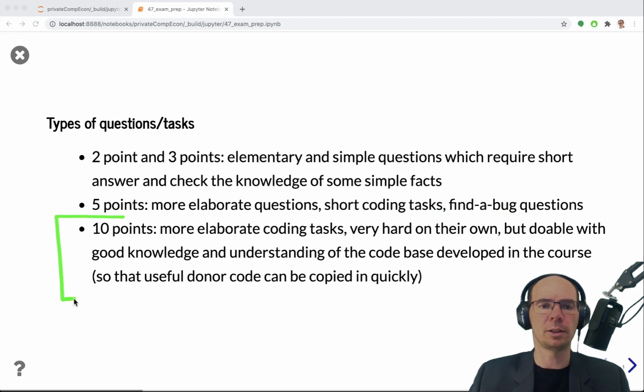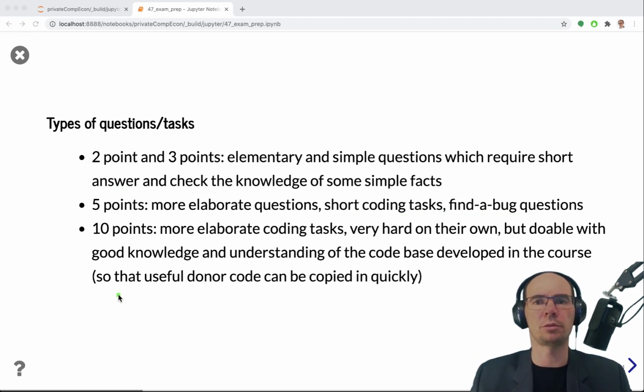Now finally, and this is where you should spend most of the time, are the 10 points questions, which are more elaborate coding tasks. So here you will have to actually develop some code according to the specification. They're very hard on their own, so if you're just seeing this sort of an assignment, it's going to be next to impossible to complete, but they are absolutely doable if you are fluent with the code base of the course.